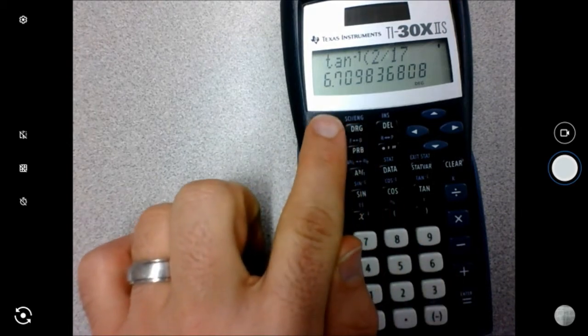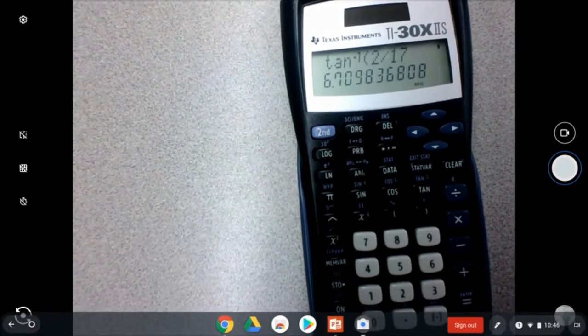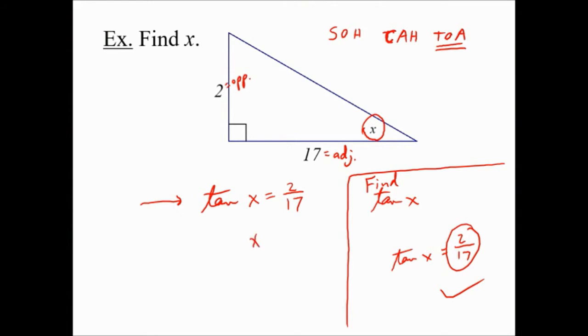Now again, for those of you who had to type the number and then the second tan, you're going to type 2 divided by 17, hit equals, and then type second, and then tan. And again, you should get the same answer that I'm getting of 6.7. So I'm getting that x equals 6.7. There we go. Okay, so we can use trigonometry, sine and cosine and tangent, to find a missing part of a triangle.